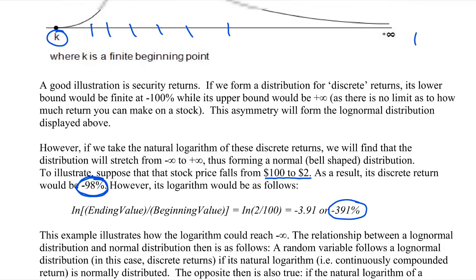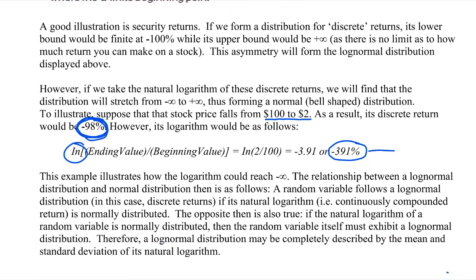So you can see where discrete actually has a finite point, therefore resulting in this log normal distribution. When you take the natural logarithm, you can see that the numbers are actually approaching negative infinity, and therefore the natural logarithm is starting to exhibit a bell shape, i.e. going from negative infinity to positive infinity. So this example illustrates how the logarithm could reach negative infinity.